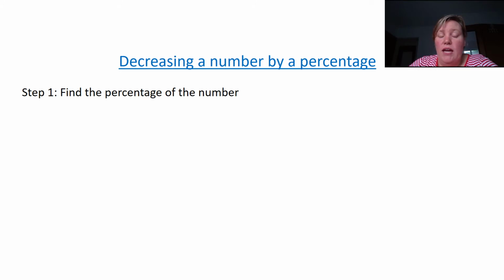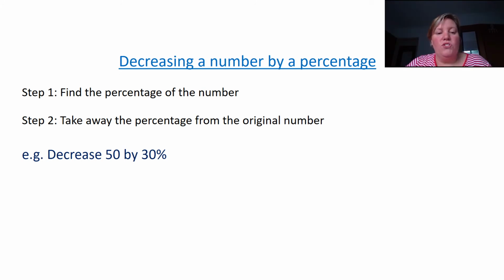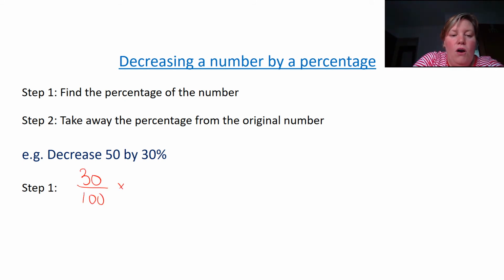So decreasing, a similar skill. You first of all find the percentage of the number, just like with increasing, and then you take it away from the original number. So let's have a look at this first example. We're going to decrease 50 by 30%. So step 1, exactly the same as increase. I'm going to work out what 30% of 50 is.